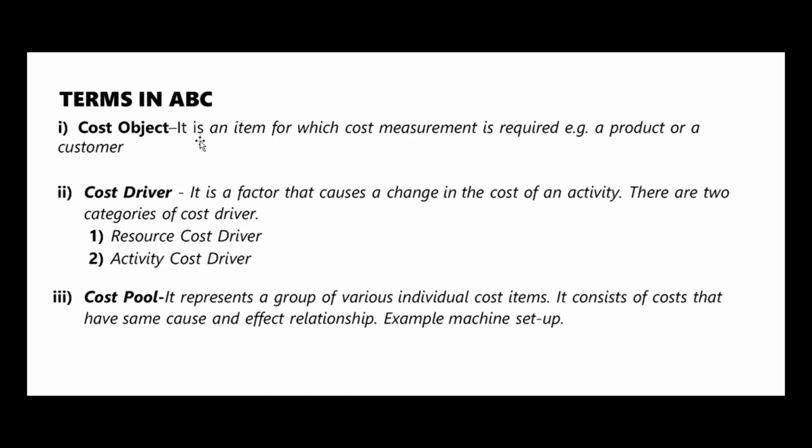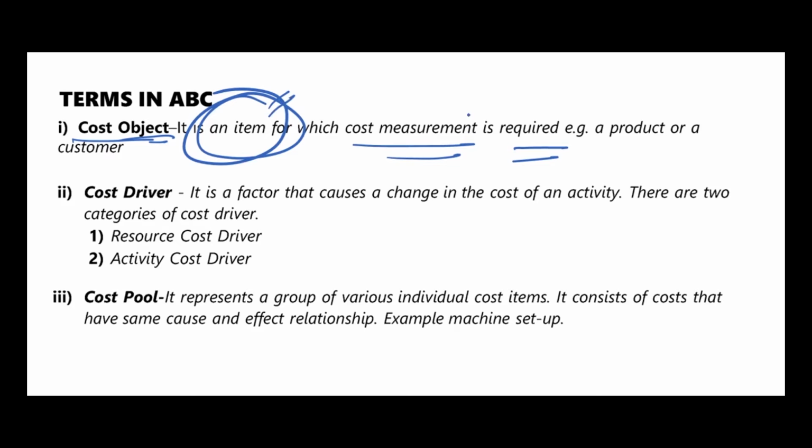Now we'll see various terms that we are going to use in ABC costing. The first one is cost object. A cost object is basically an item for which cost measurement is required.